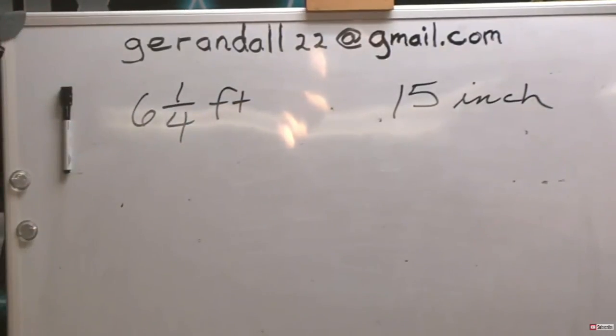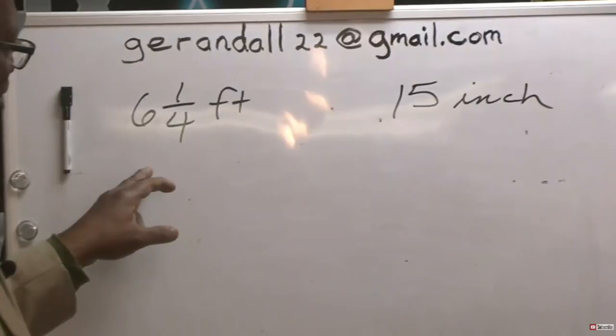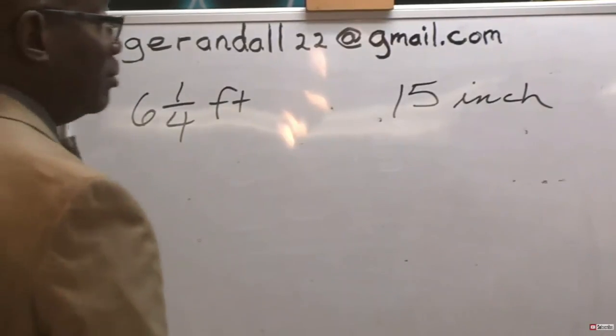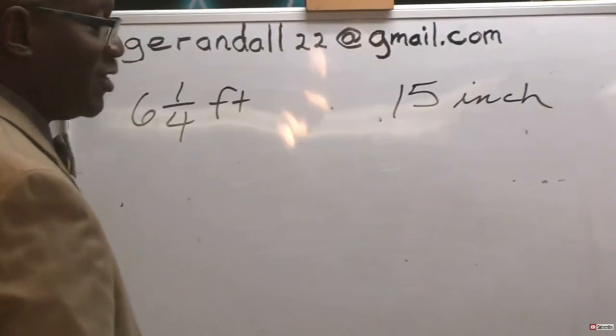Okay. Now we can do one of two things. We can convert these inches into feet or feet into inches. So, we have to know this. We have to know how many inches are in 1 foot.